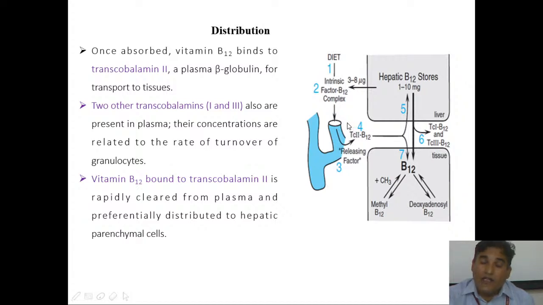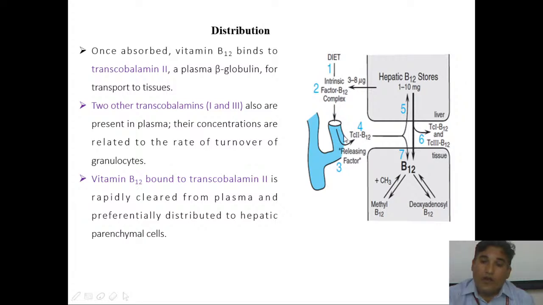Even if the plasma level of vitamin B12 is sufficient, if the transcobalamin 2 plasma concentration is poor, a person may develop pernicious anemia. This transcobalamin 2 is also very important.